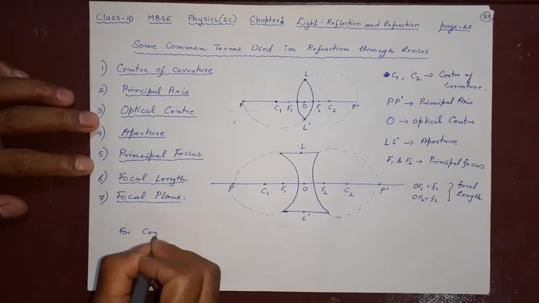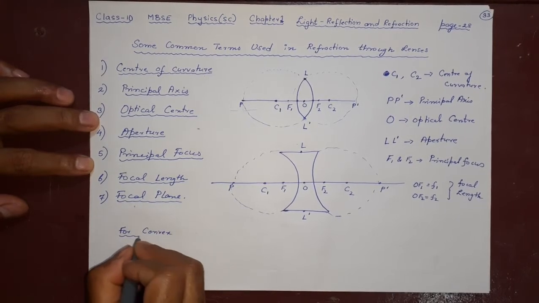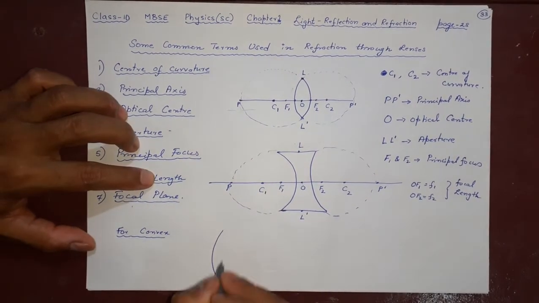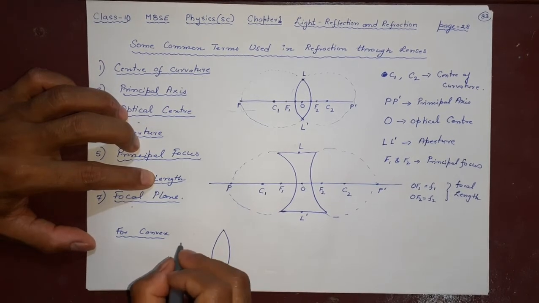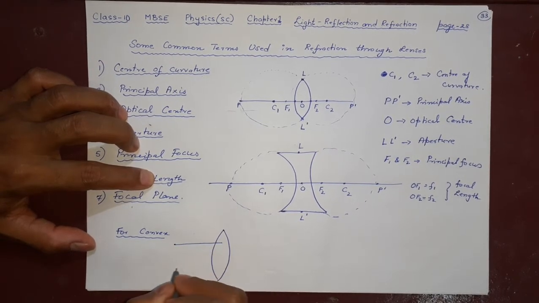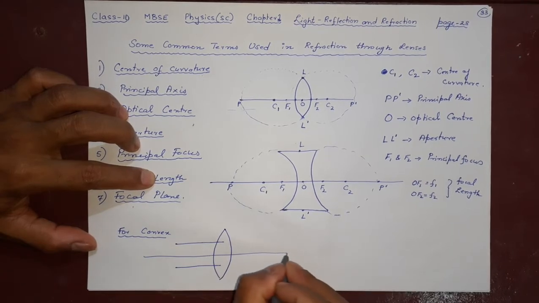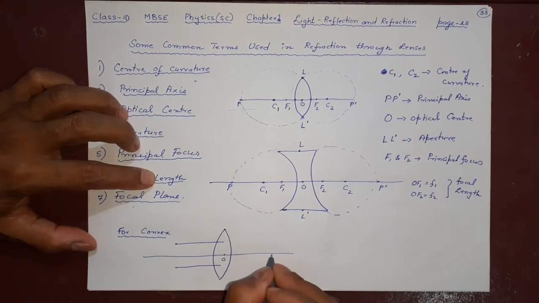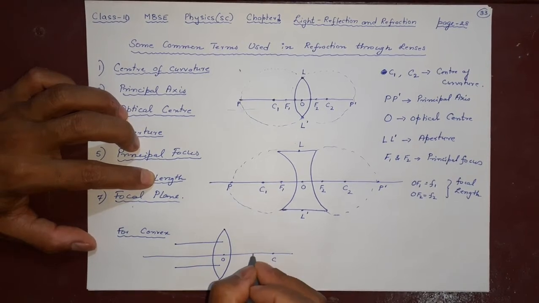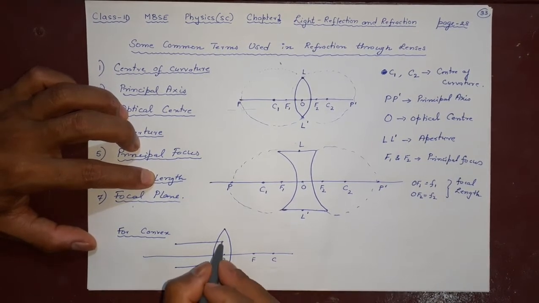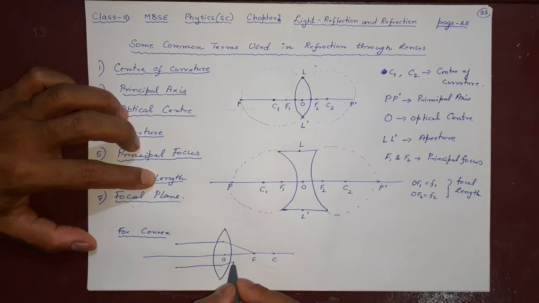For convex, light will come, principal axis O. See this side, I will not write F. You know that this will happen.